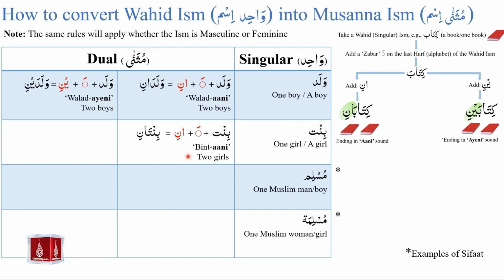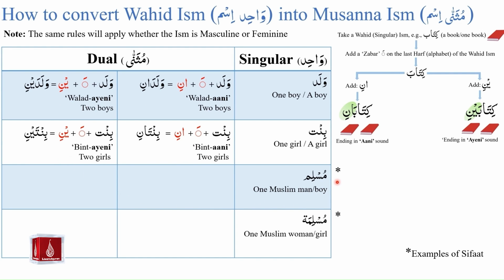And for the second musanna version, we will add zabar to bint, followed by ya and noon zair, and we will have bintaini, which again means two girls. So walad becomes waladani and waladaini. Bint becomes bintani and bintaini. Again, these ani and aini ending sounds will be the same in masculine and feminine.